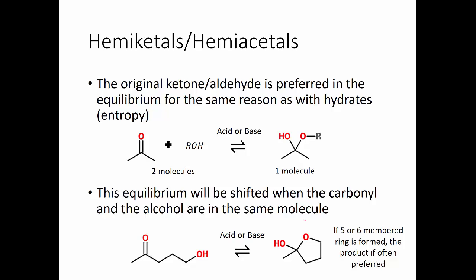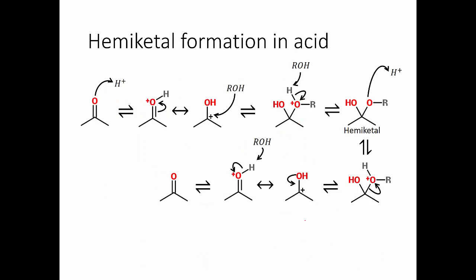Now let's look at that reaction again between a carbonyl group and an alcohol in acid. There is one particular step in this reaction that is vital for understanding ketals and acetals. Here we arbitrarily chose to protonate the ether, but we could have just as easily protonated the alcohol.